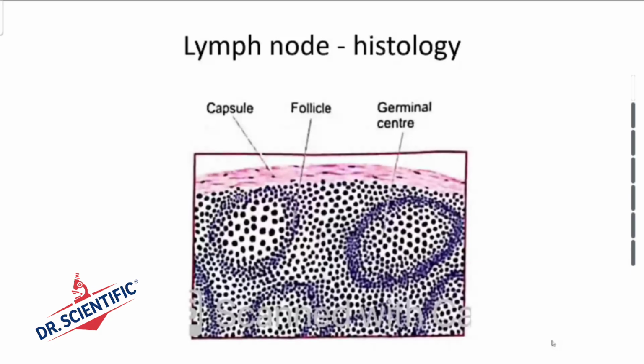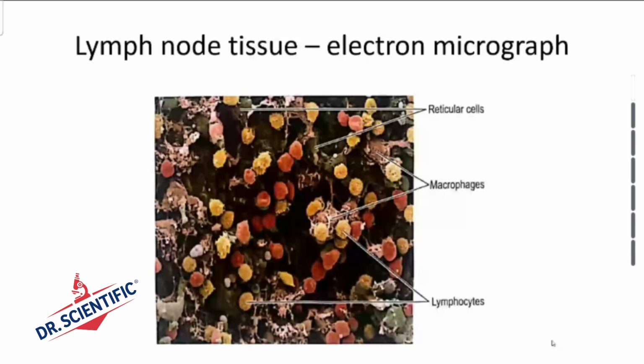And of course, in the lymph node is where you'll find lymphocytes and macrophages, ready to filter the lymph that comes in, so that if there is bacteria or other viruses or foreign material coming in through the lymph, it can be dealt with there by lymphocytes. Because what we are dealing with is that part of our body that mainly deals with the defense system of our body against infections.